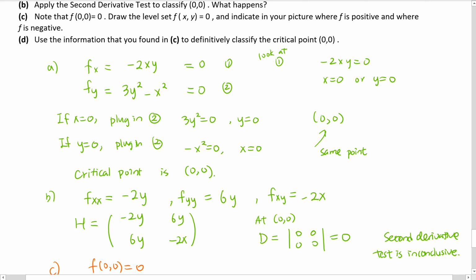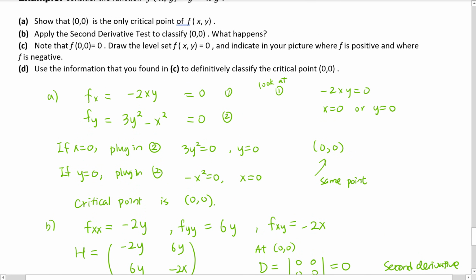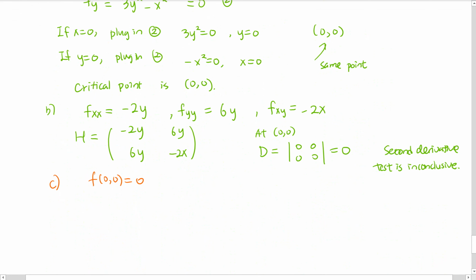We check that. Draw the level set of f(x, y) = 0 and indicate in your picture where f is positive and where f is negative. So the level set f(x, y) = 0 is y cubed minus x squared y. Keep that in mind.